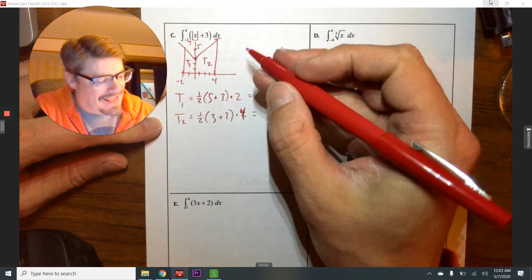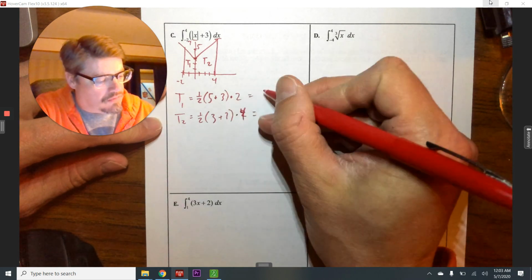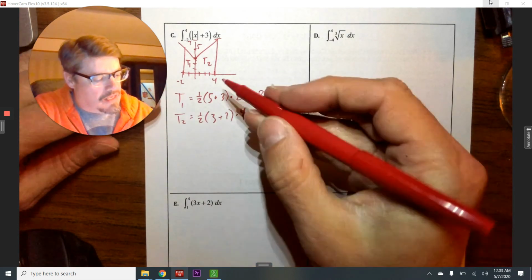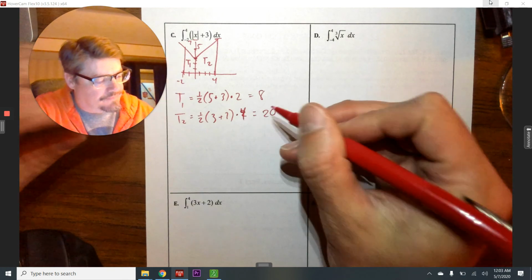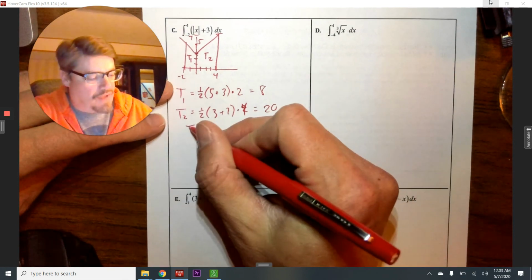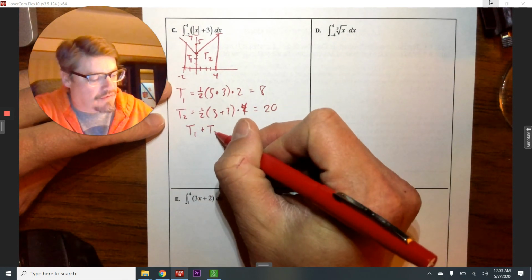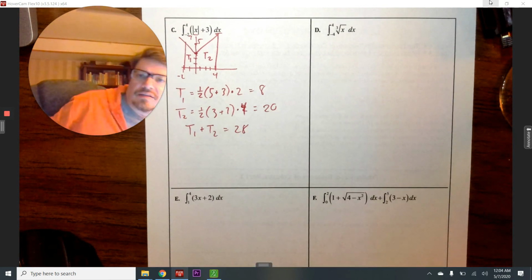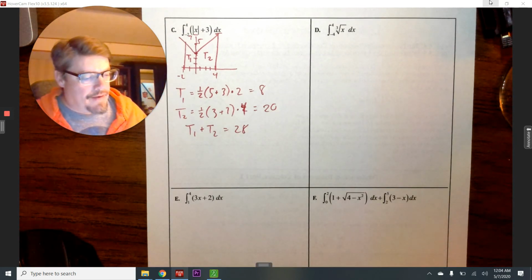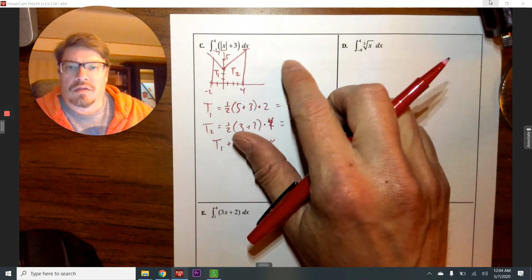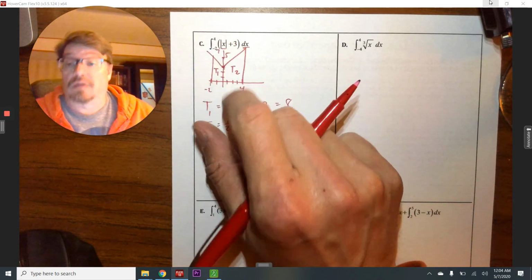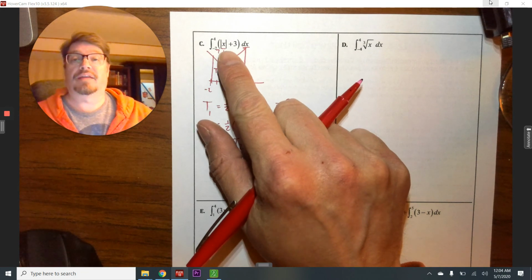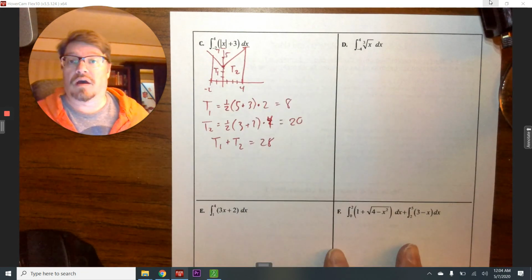That's 8, and 20. If I add those two areas together, I should get 28. Let me verify my answer, and it's cool. This is the geometric way to find the areas underneath the curve.